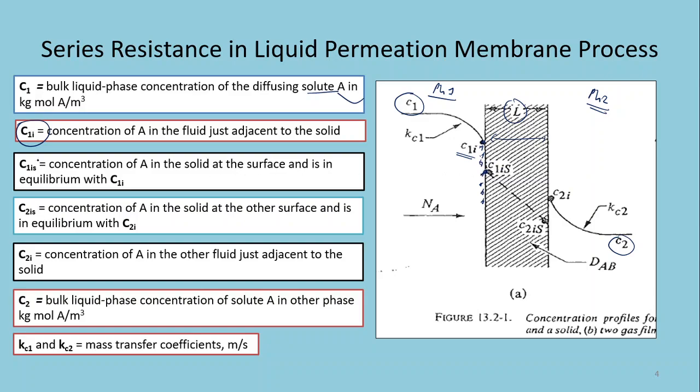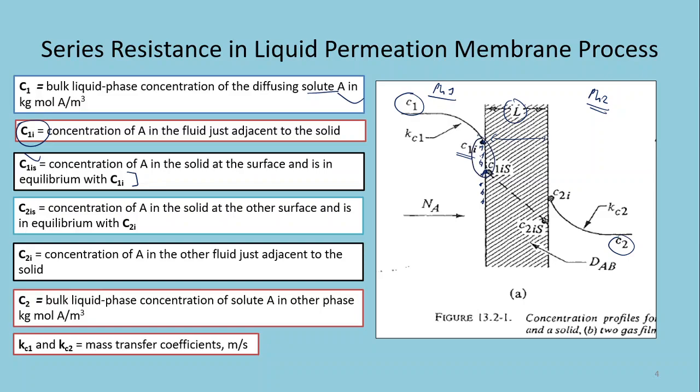So C1IS is the concentration of A in the solid at the surface and is in equilibrium with the C1I. So there is a relation between C1I and C1IS, from the liquid phase to the solid phase, and this relation is the equilibrium relation. So this is the equilibrium relation point between the liquid phase and solid phase.